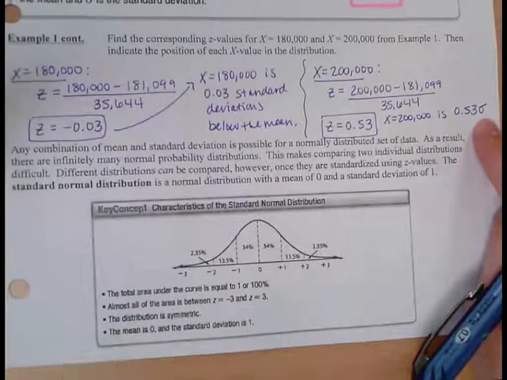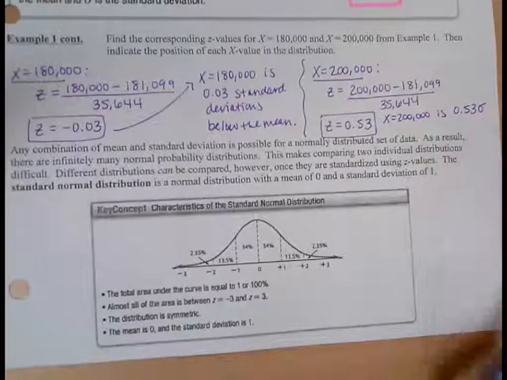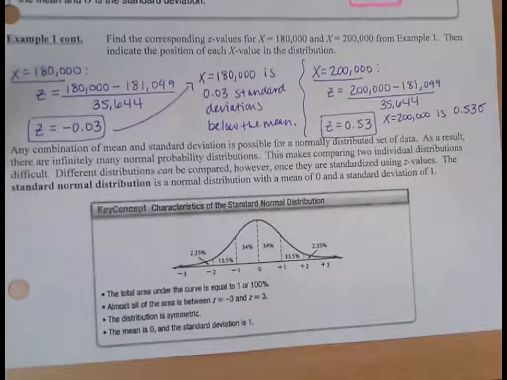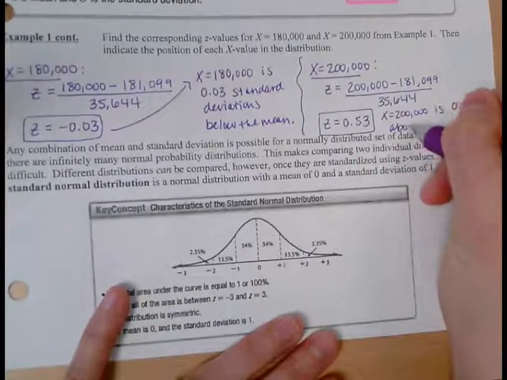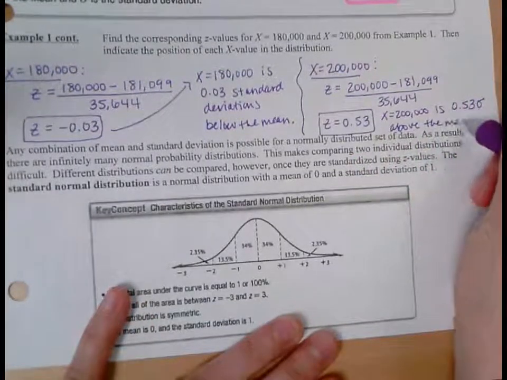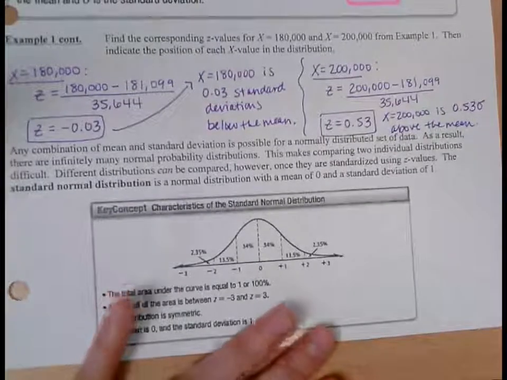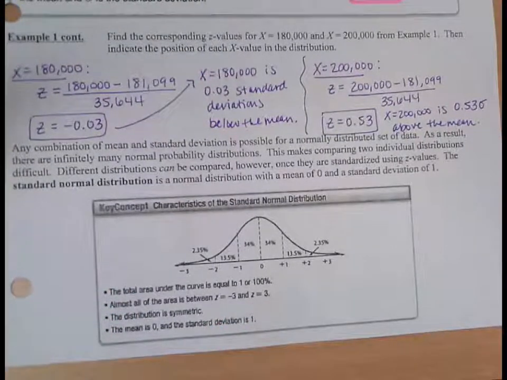You can write that as long as you understand what that means and that makes sense. So it's 0.53 sigma, and since it's positive, this would be above the mean. Make sure, like I said, you understand what those z-values represent.